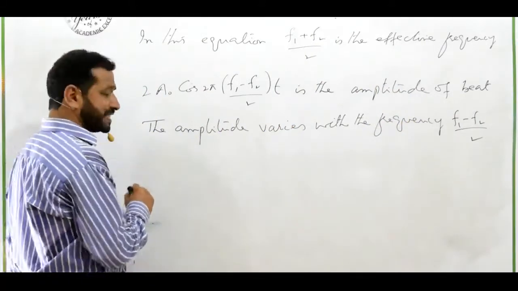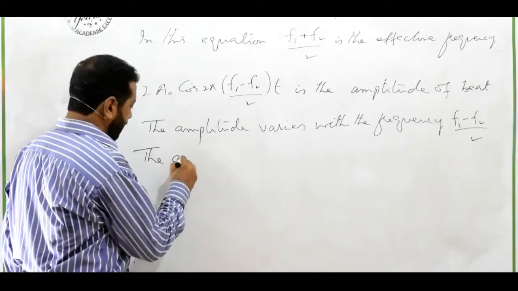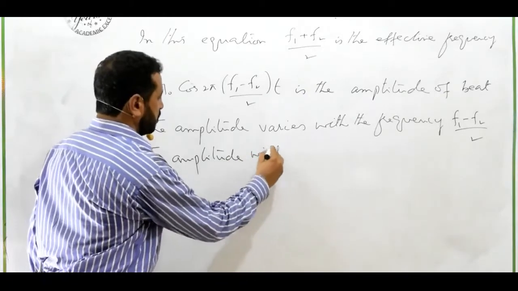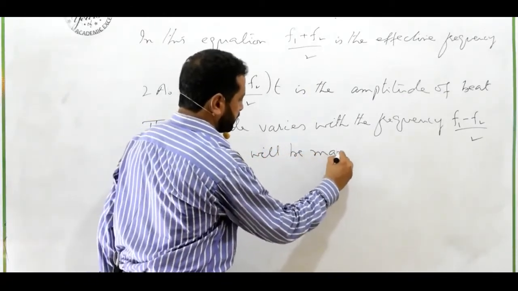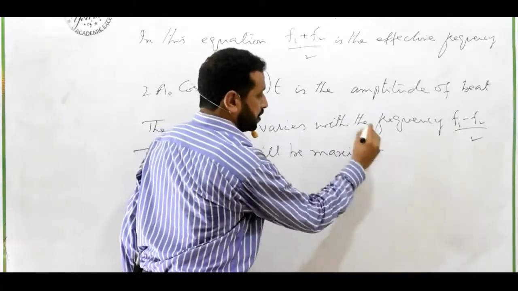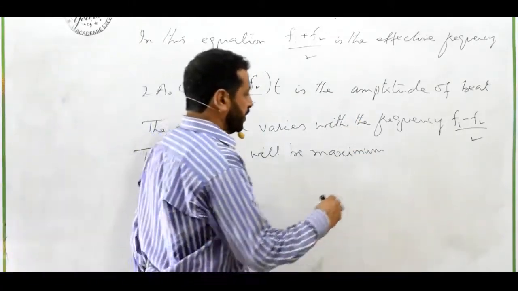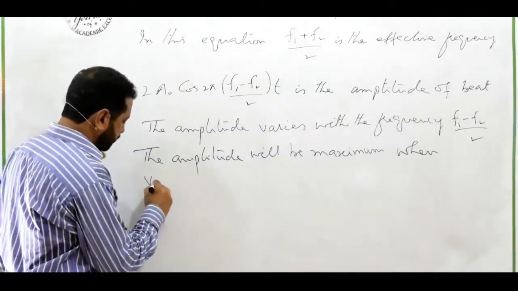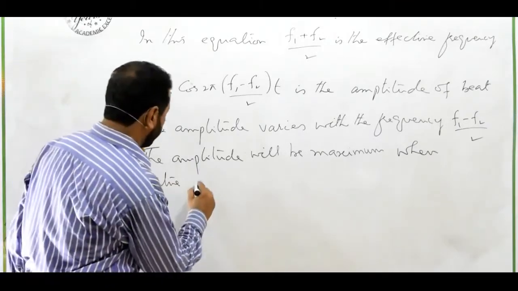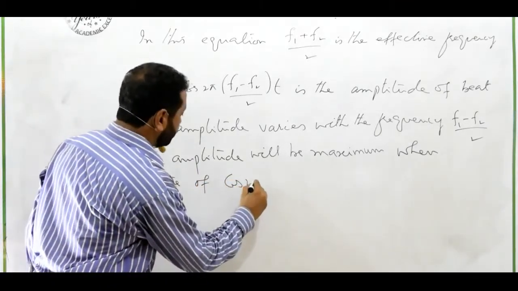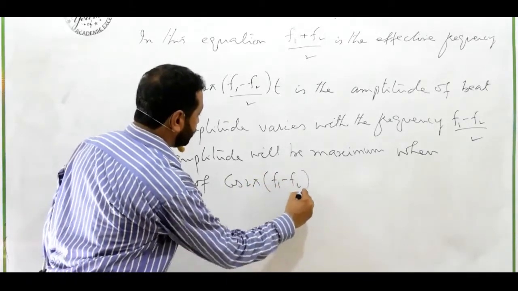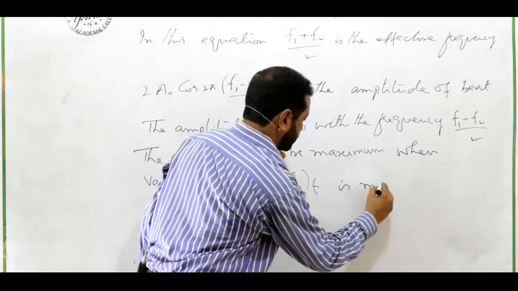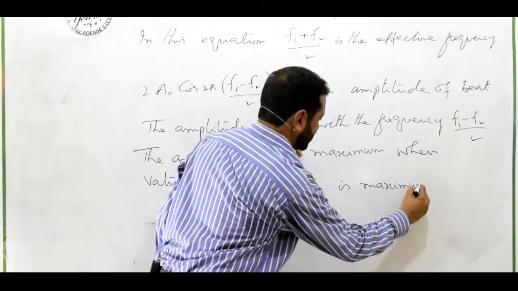So the amplitude will be maximum when the value of cos of 2 pi (f1 minus f2) upon 2 t is maximum.